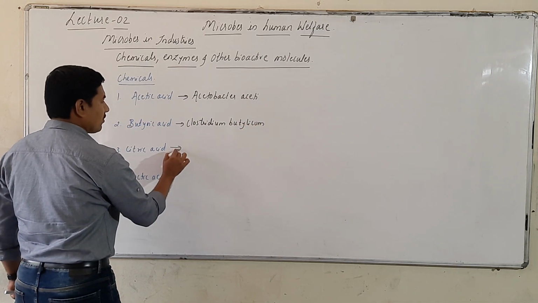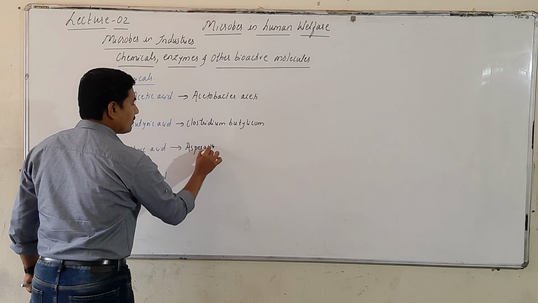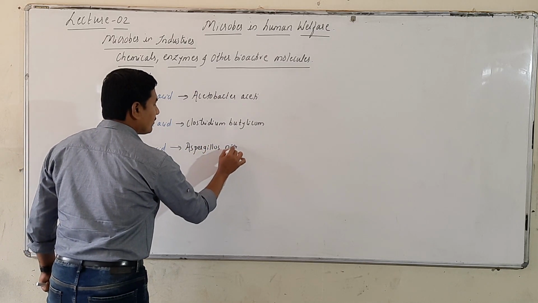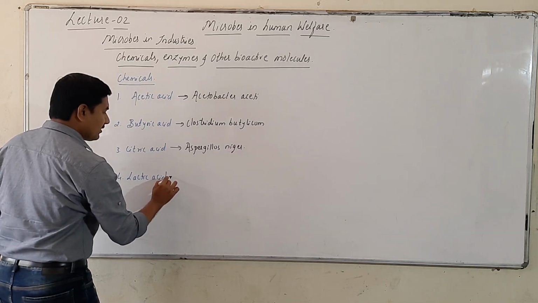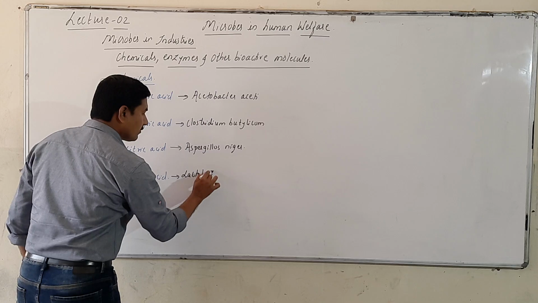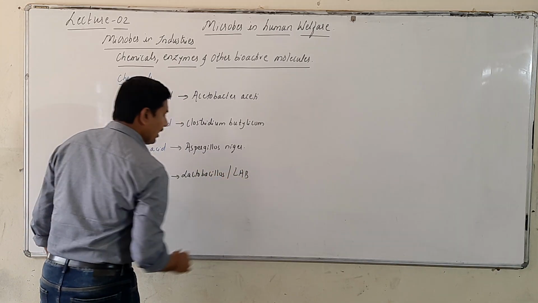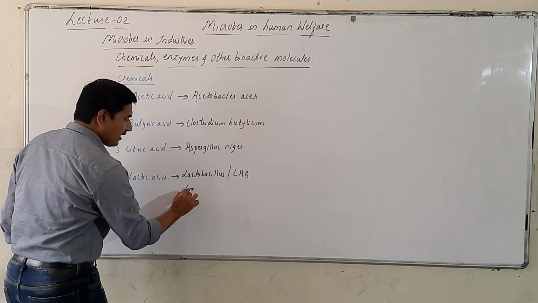Citric acid is discovered from Aspergillus niger, and lactic acid is discovered from Lactobacillus or LAB. LAB stands for lactic acid bacteria.